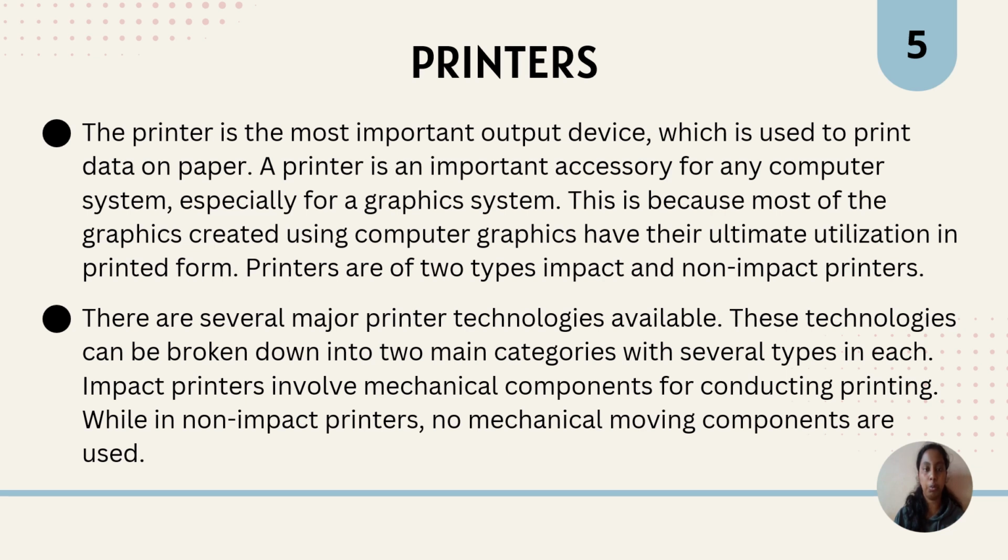Printers are of two types, impact and non-impact printers. There are several major printer technologies available. These technologies can be broken down into two main categories with several types in each. Impact printers involve mechanical components for conducting printing, while in non-impact printers, no mechanical moving components are used.